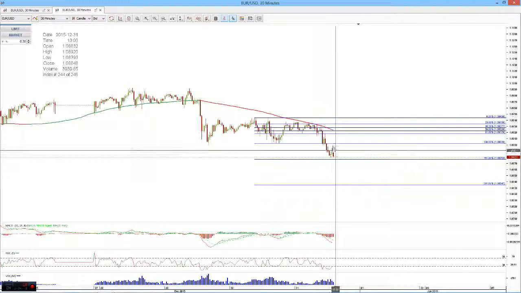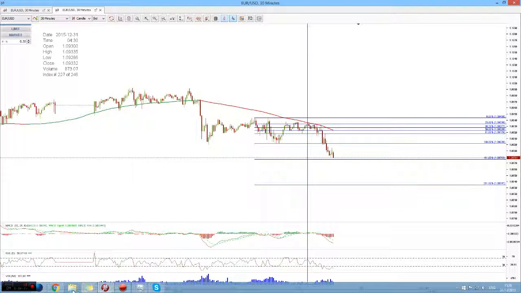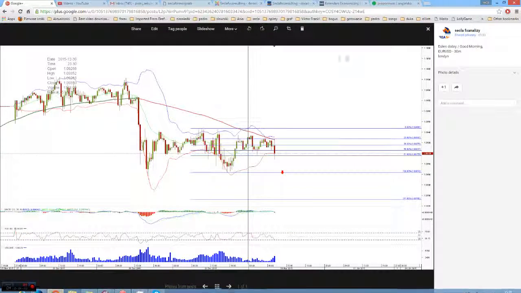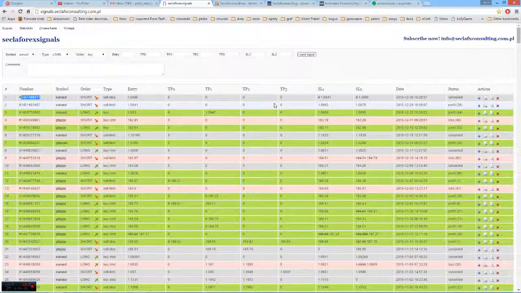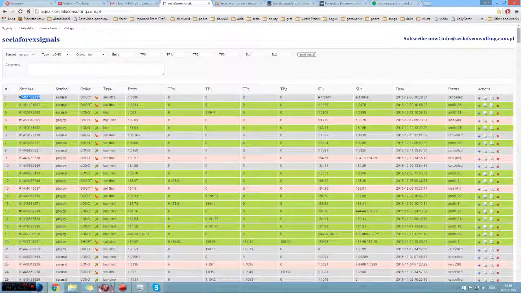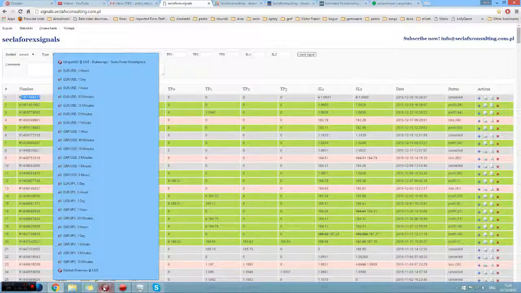And actually, I'm currently in the short position which I presented yesterday. I actually said to close that position last night, but this morning I said, okay, I will reopen this position once again.